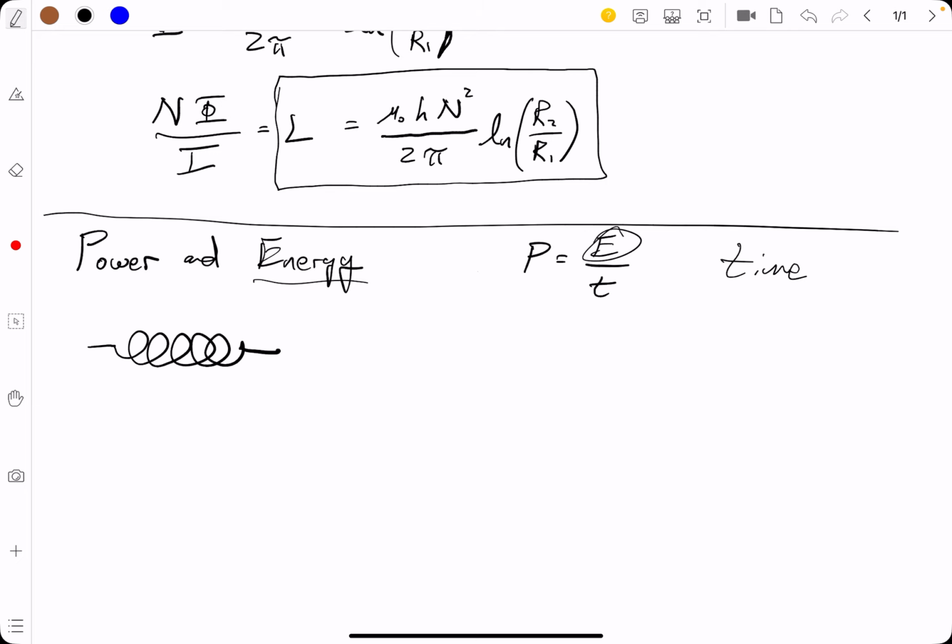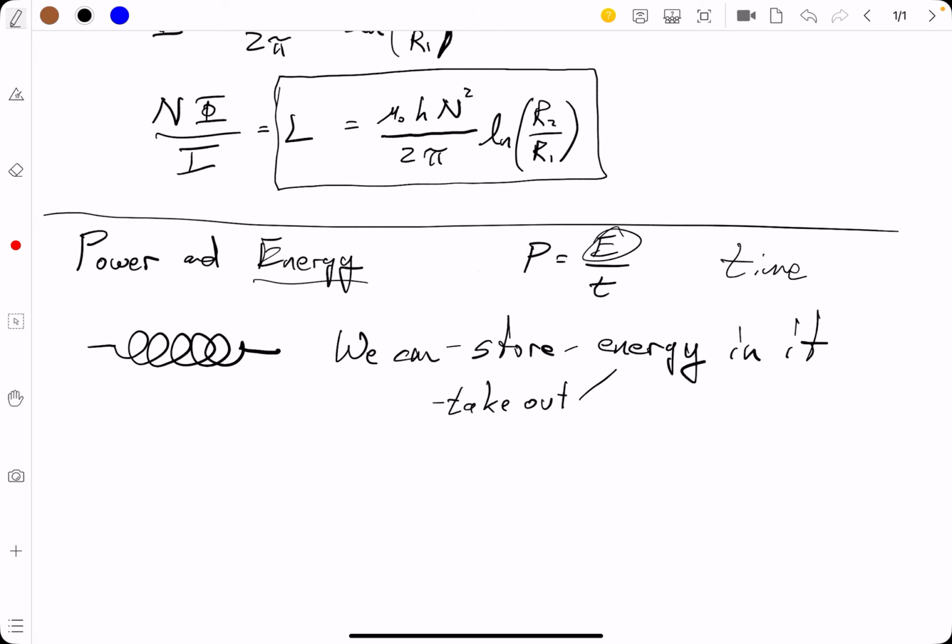And we can store energy in it, or we can take out energy. Okay, so we can either store or take out energy from this inductor. Mostly we just want to account for the energy. But where's that energy coming from? What is it? It's the energy of the B field.